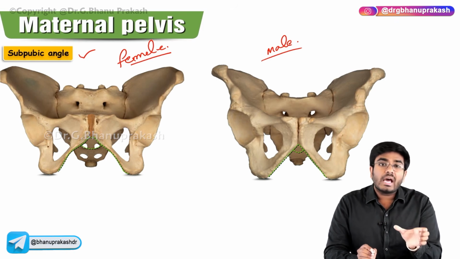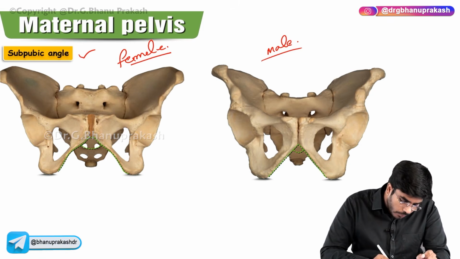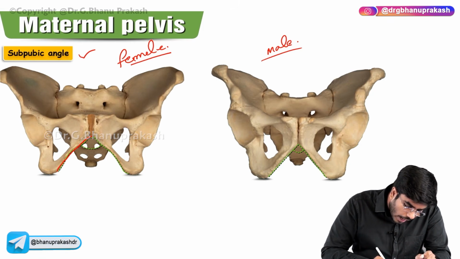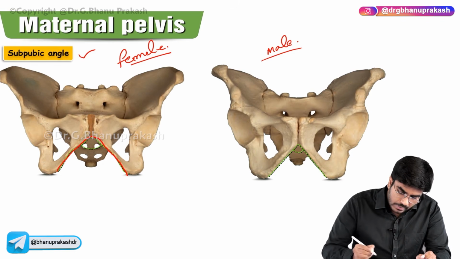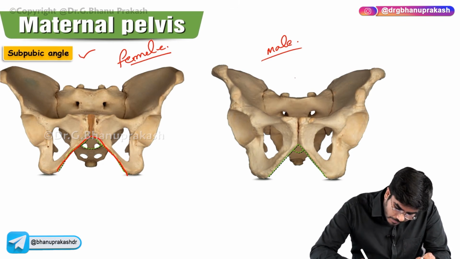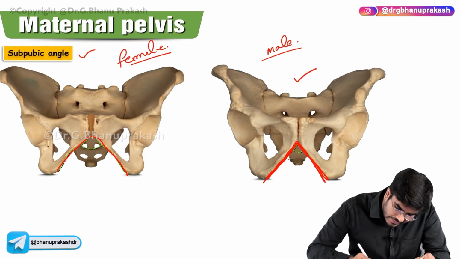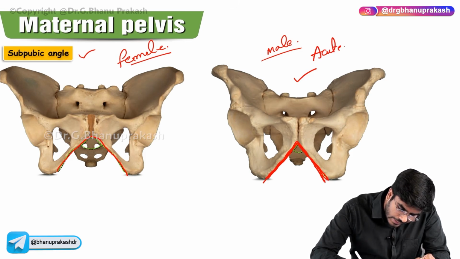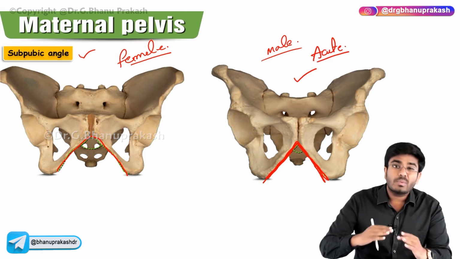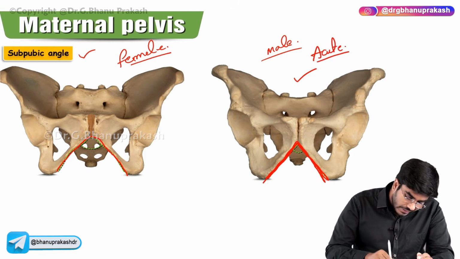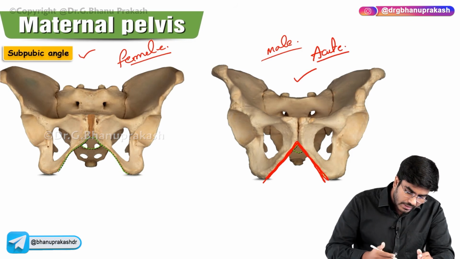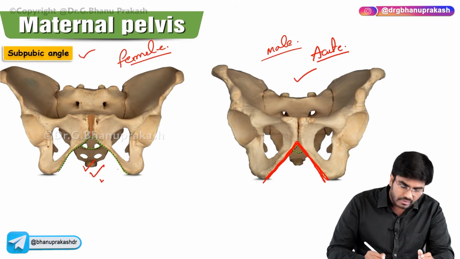Please see here, this is the male pelvis. In the male pelvis, the angle is so sharp, a very acute angle. A female pelvis is broader and has a more obtuse angle, which favors easy delivery of the baby.